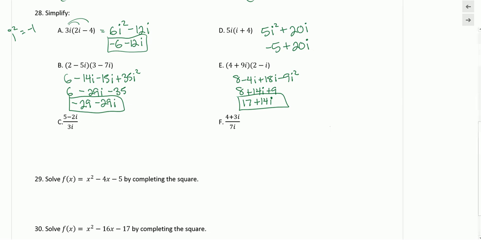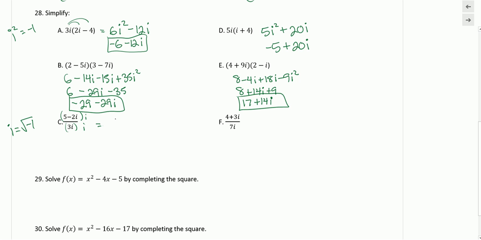Part C. To simplify this, we can't end with an i in the denominator. Remember, i is defined as the square root of negative 1, and in previous lessons we learned that we don't end with a square root in the denominator. We want to rationalize it. And so we're going to multiply top and bottom by i.